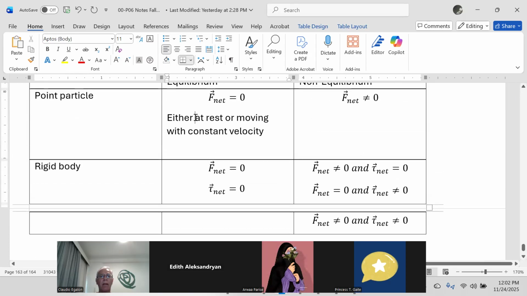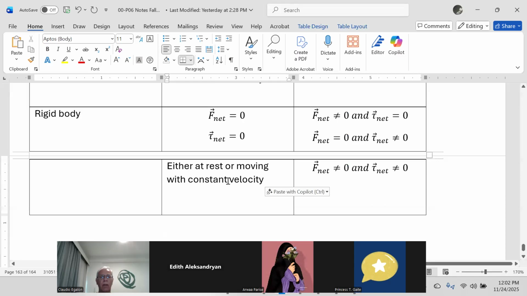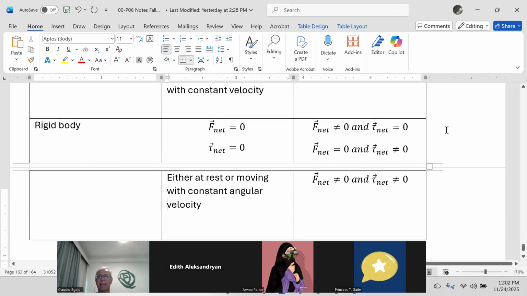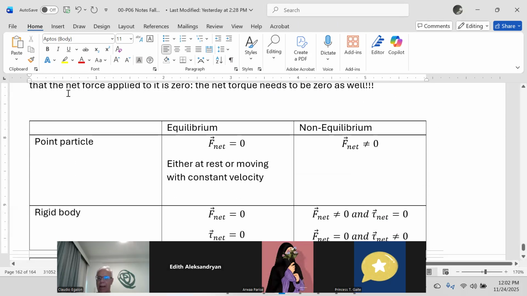Here too is the same thing. The rigid body would be either at rest, not rotating, or moving with constant angular velocity.